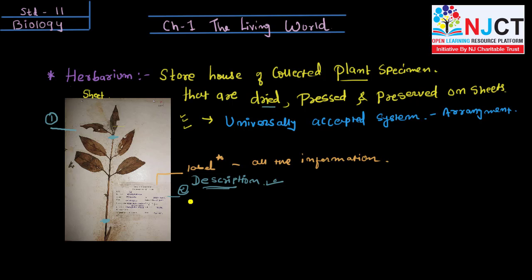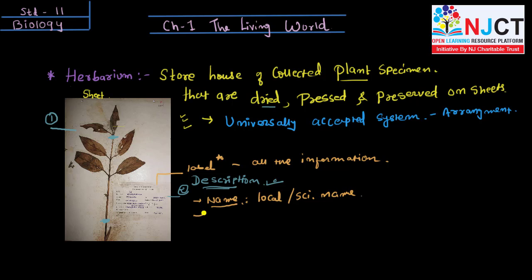So what kind of information we are going to need? First of all, obviously, you have to put the name. Now, in name, we know there are two kinds of name, right? There is a local name and the scientific name. You have to put both of it.